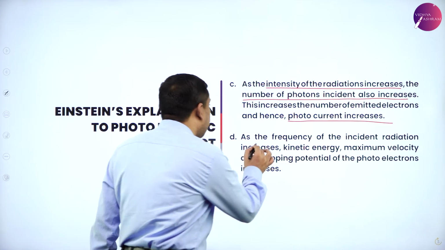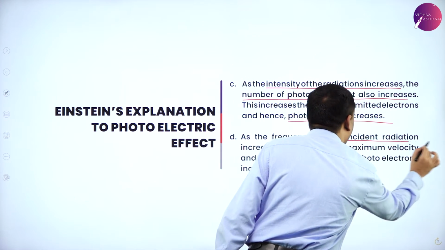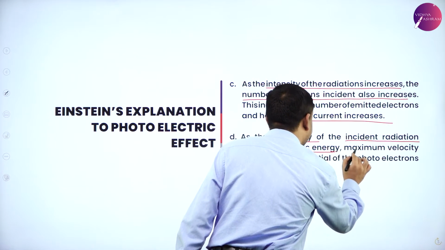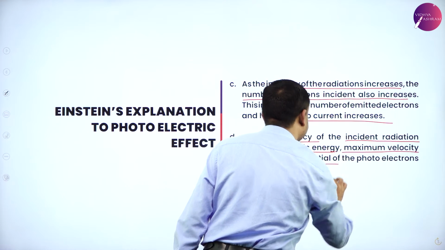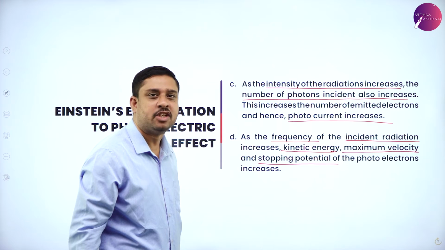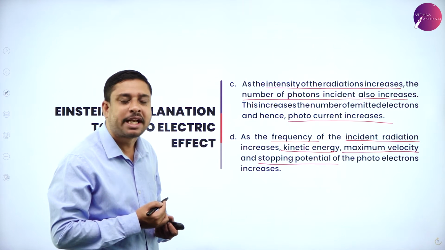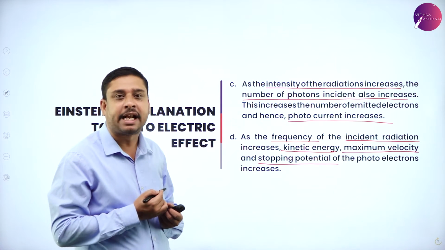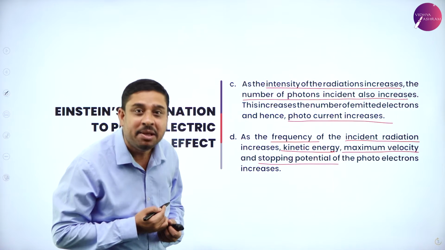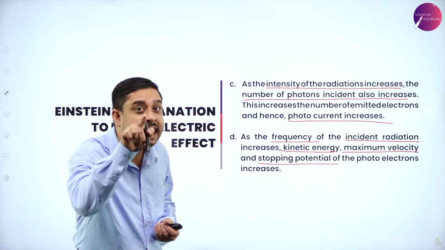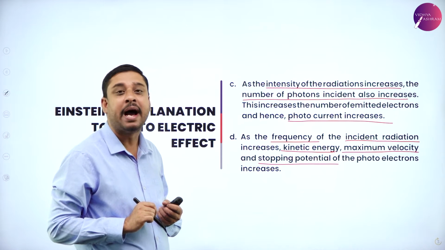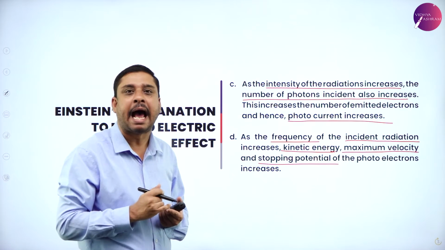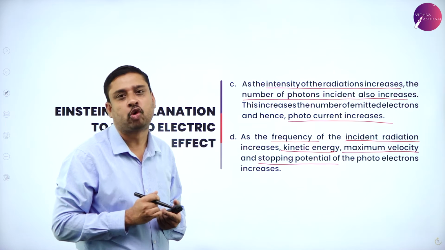But as the frequency of the incident radiation increases, kinetic energy, maximum velocity, and stopping potential increase. Stopping potential we also call retarding potential: the minimum negative potential given to the anode, to stop the photoelectrons from reaching the anode and causing photocurrent.